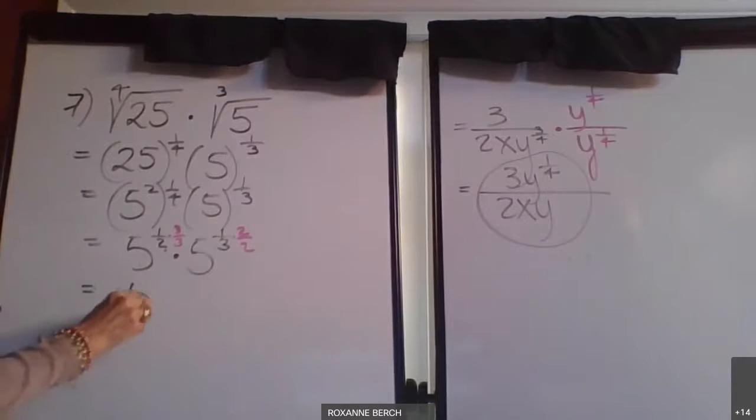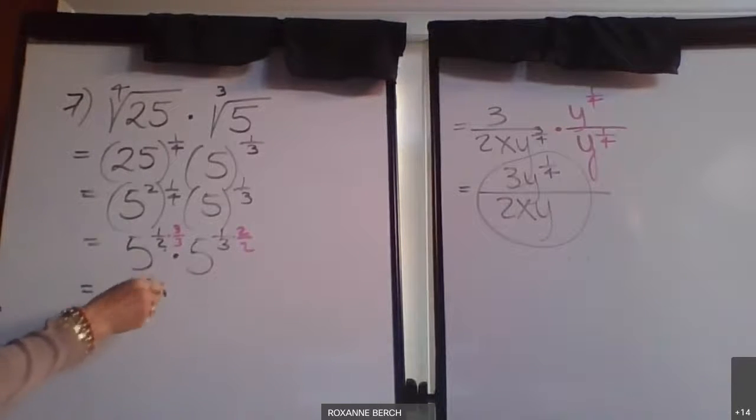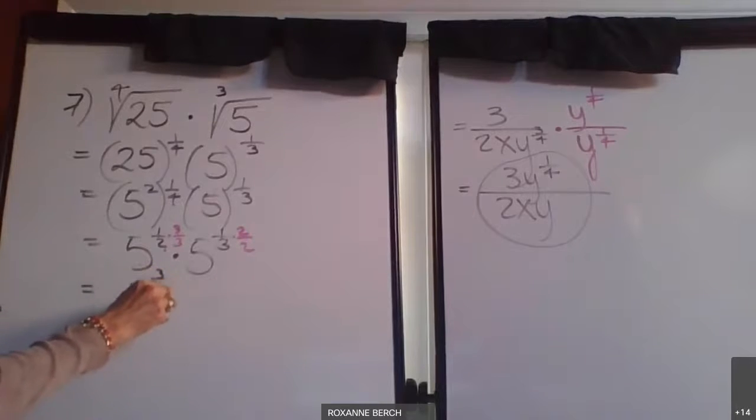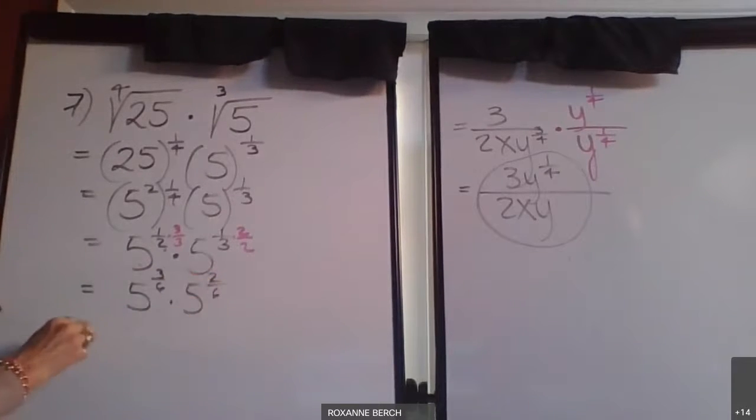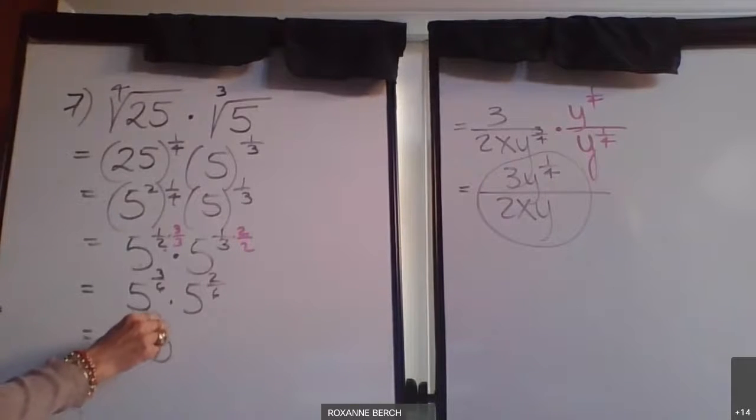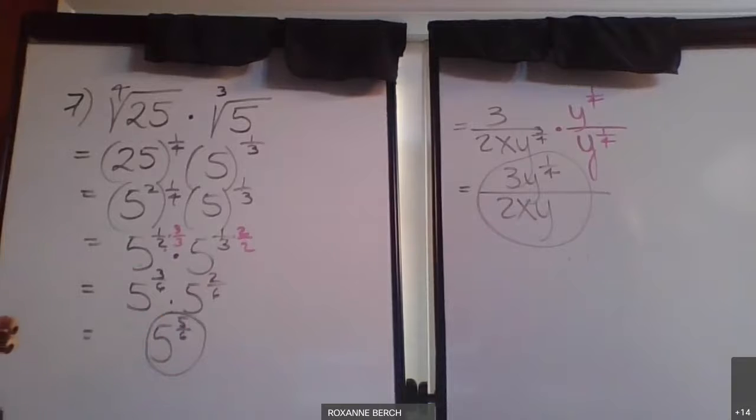So what I get here is 5 to the 3/6 times 5 to the 2/6. And when you multiply monomials with the same base, you add the exponents, which would be 5/6. And they asked you to do this using rational exponents, so that is simplified.